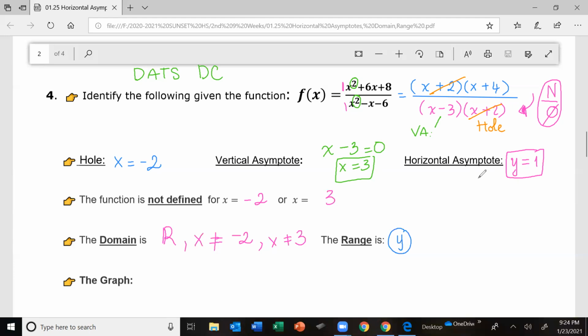The only condition for the range is the horizontal asymptote. It can get very, very close, but it cannot equal the asymptote. So it's going to be all real numbers, but y cannot equal 1. Just like the vertical asymptote makes your graph undefined, the range has the same condition. It can be any number in the world except 1.